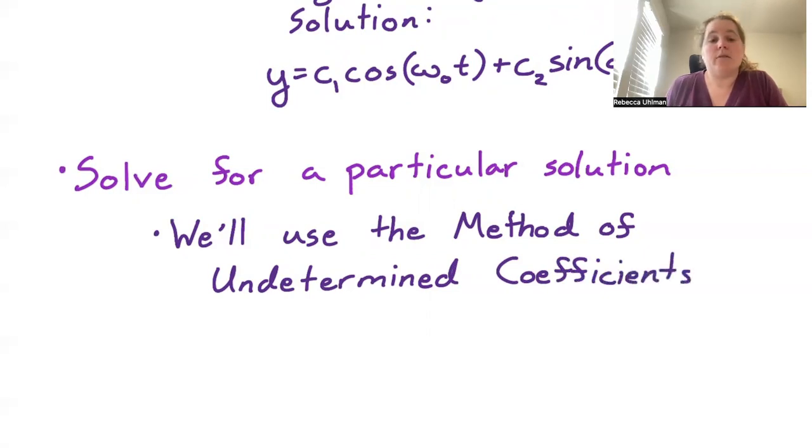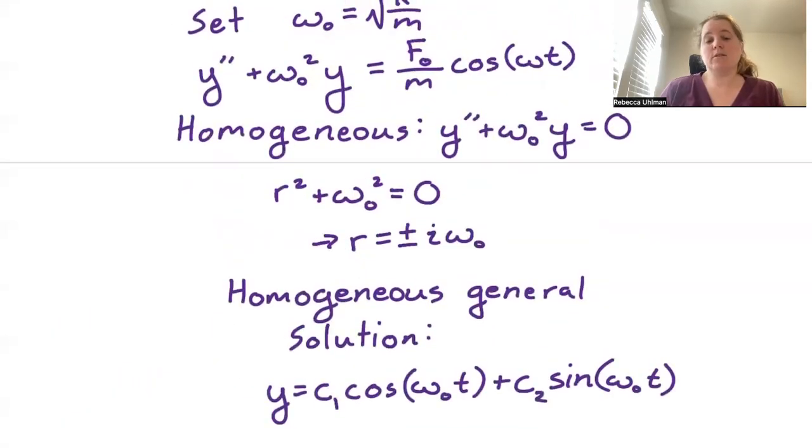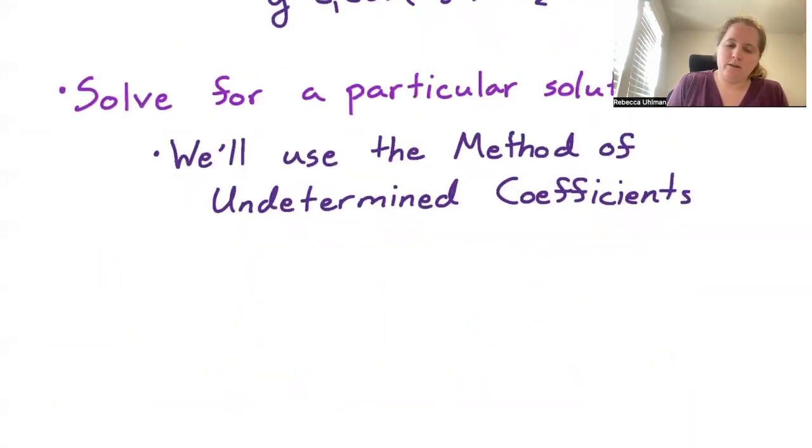Turns out that we will have two cases here. Since our general homogeneous solution has cosine omega naught t, and our forcing function has cosine omega t, our guess will be different depending on if omega equals omega naught or not. So we'll go ahead and do case 1.